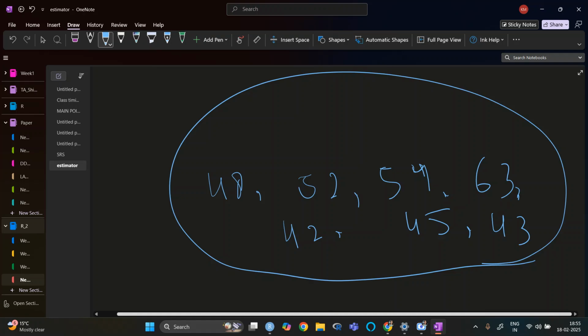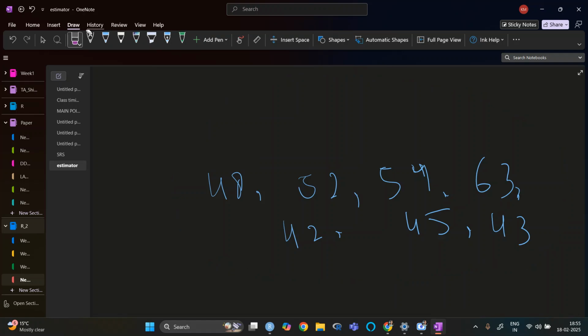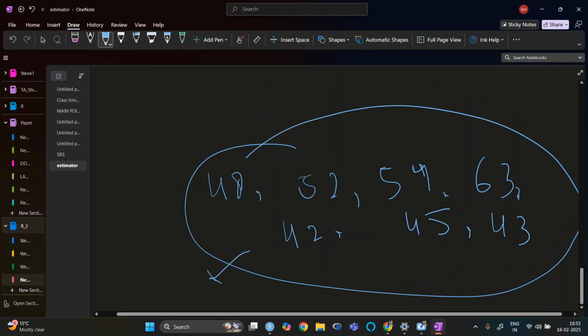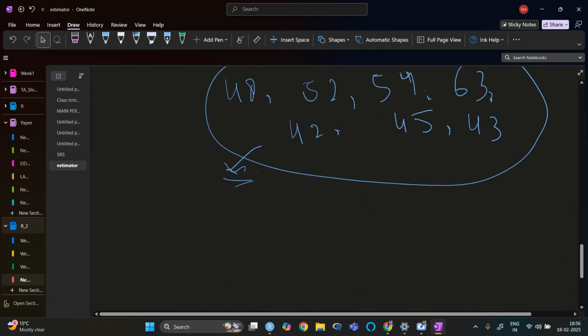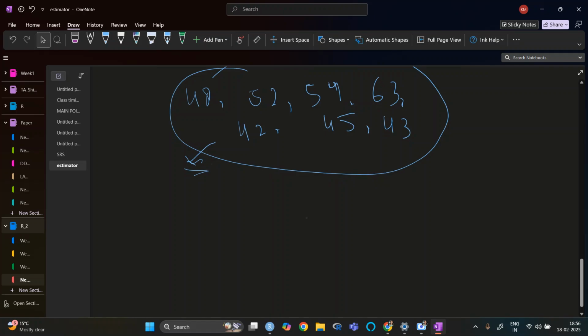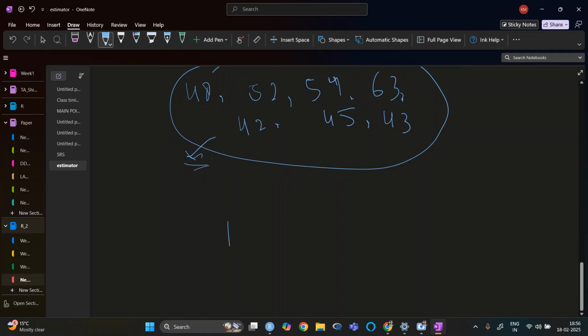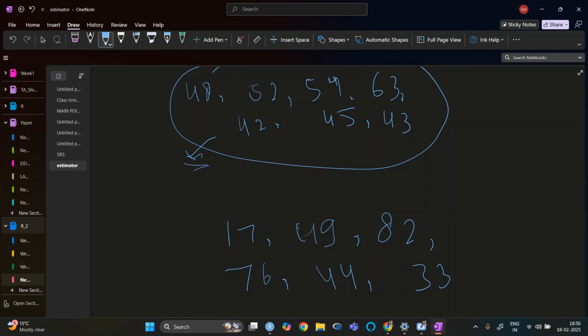Let's say I have this as one array, and there is one more array, which is 17, 49, 82, 76, 44, 33. So 1 2 3 4 5 6 7, and let's say this is 97 now.